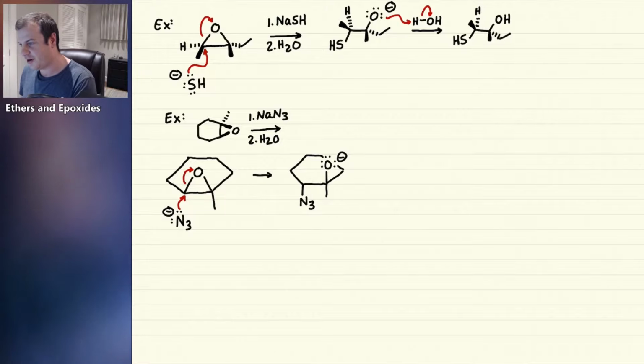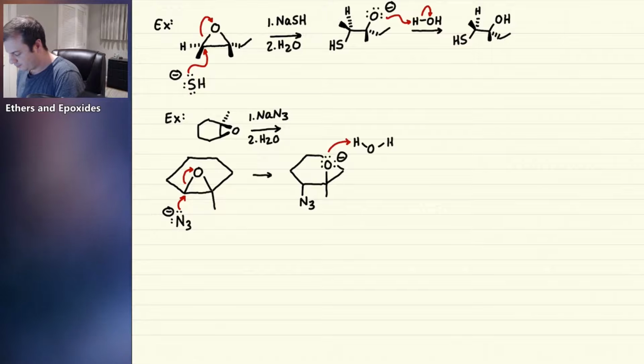And we can see that our azide, our N3, attacked opposite the oxygen. Okay. So now we're going to go ahead and protonate with H2O. This is part of our workup step in step 2. Okay, and then that's going to give us our protonated alcohol.